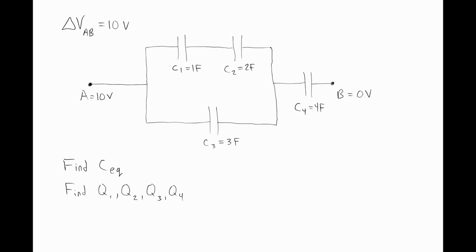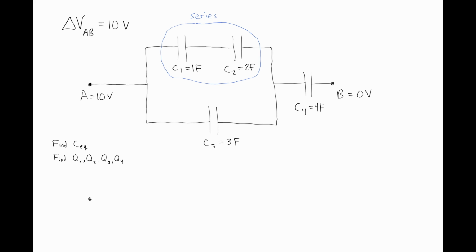So I see that these 2 capacitors jump out to me as being clearly in series. So I want to combine them, and we'll make a new picture, and we'll have that.